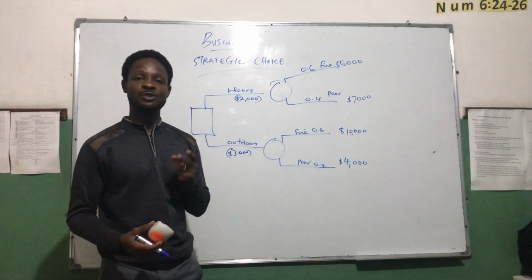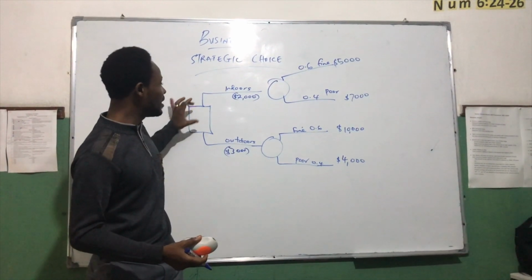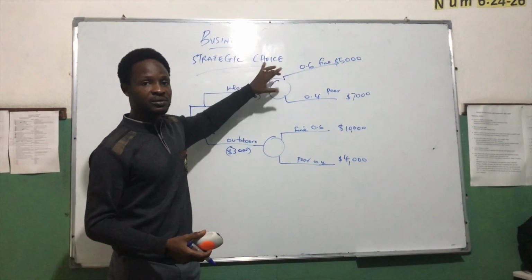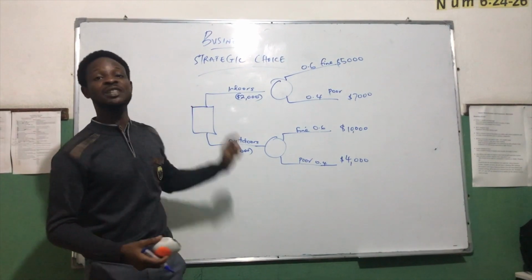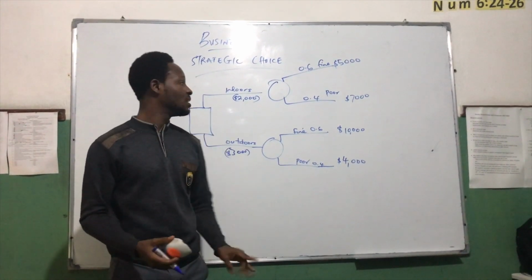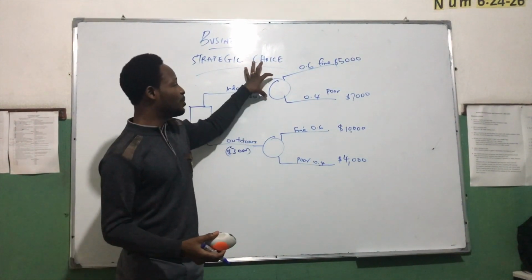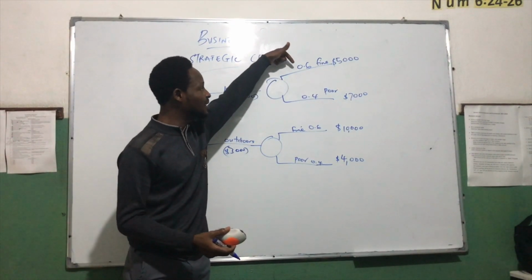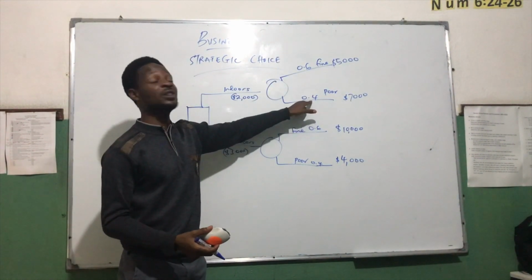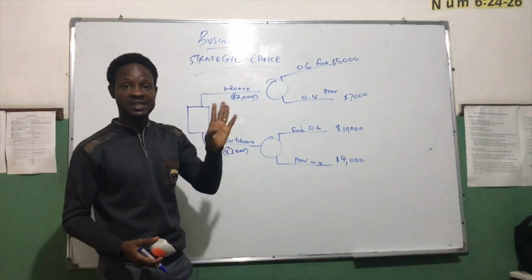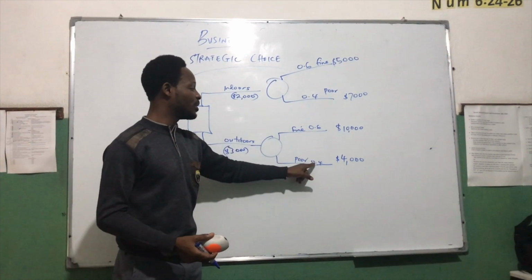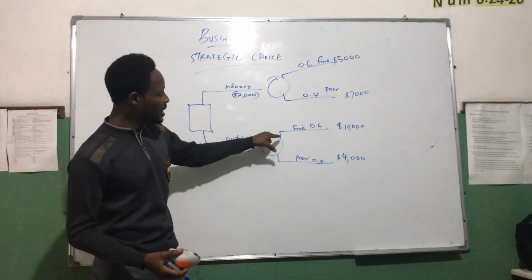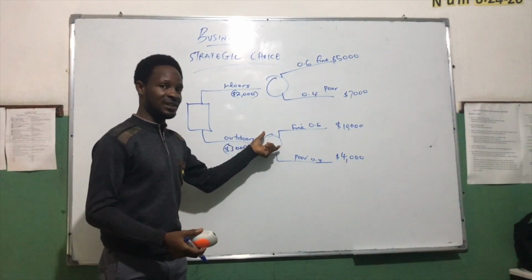Now, key things to take note of: the square and the node. The square is a point where you just choose one. The node is a point where you add up the two. If we add 0.6 to 0.4, that's 1. That's 100%. So a node is added.